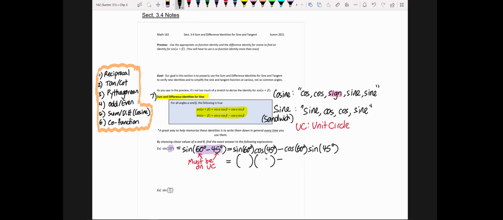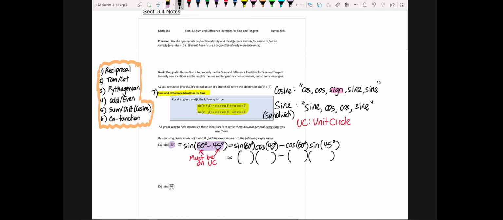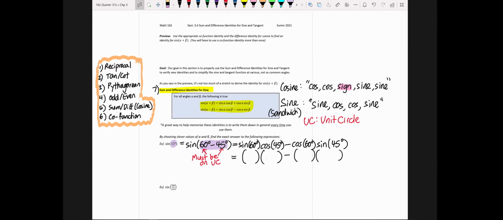So let's get warmed up here by applying our unit circle knowledge, starting with Hector. Hector, what is sine of 60 degrees? Not sure, Professor. So 60, that's the short leg, long leg group.